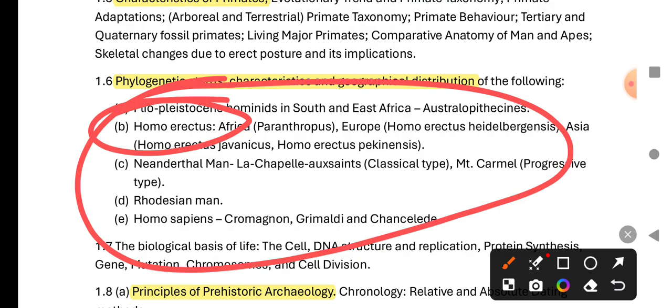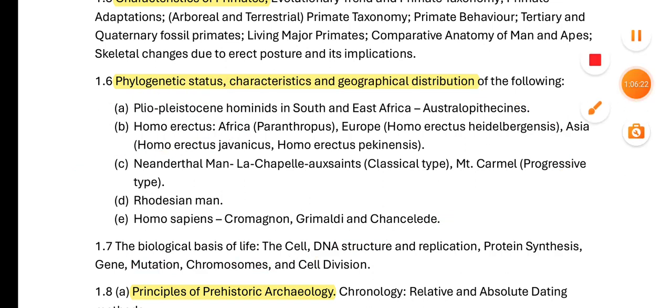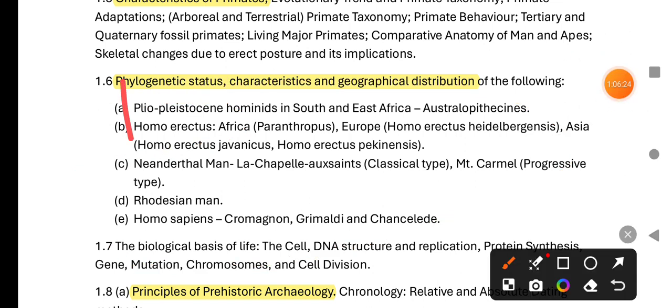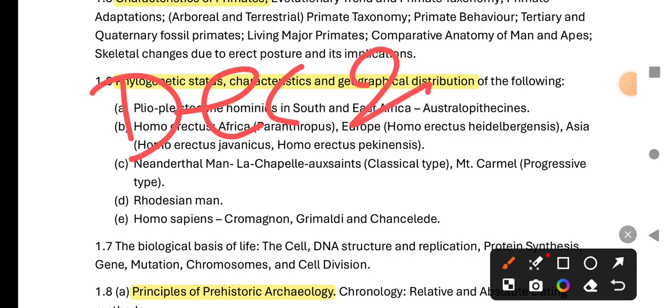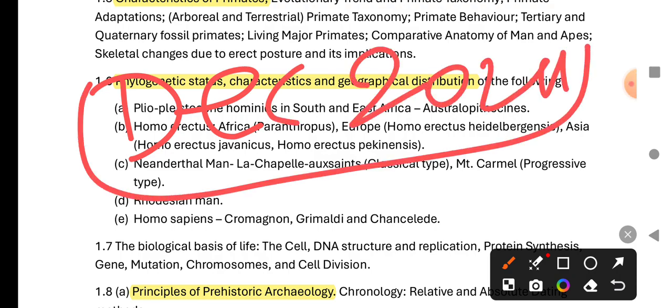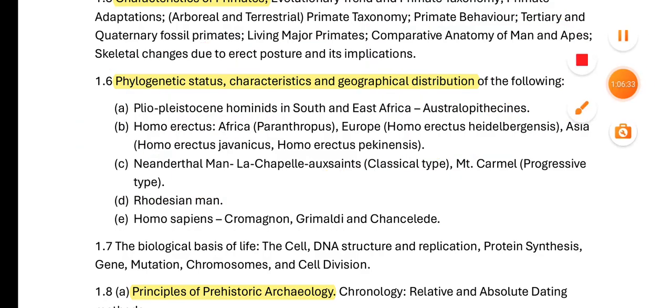We will end this anthropology up to December 2024, so within 2 months we will finish these anthropology lectures.